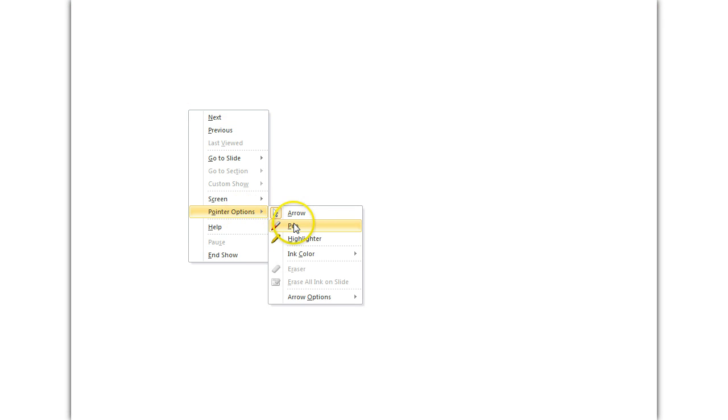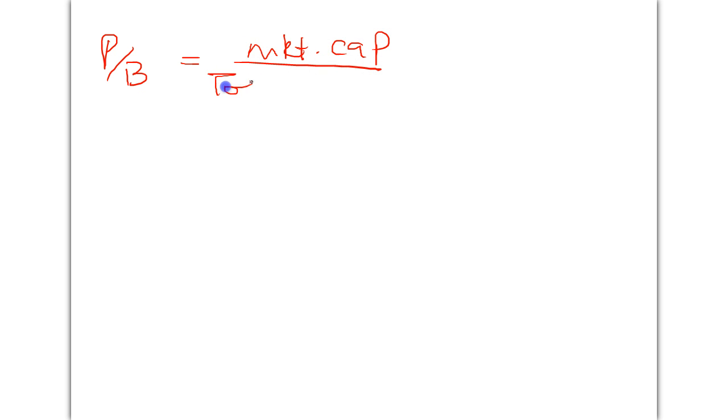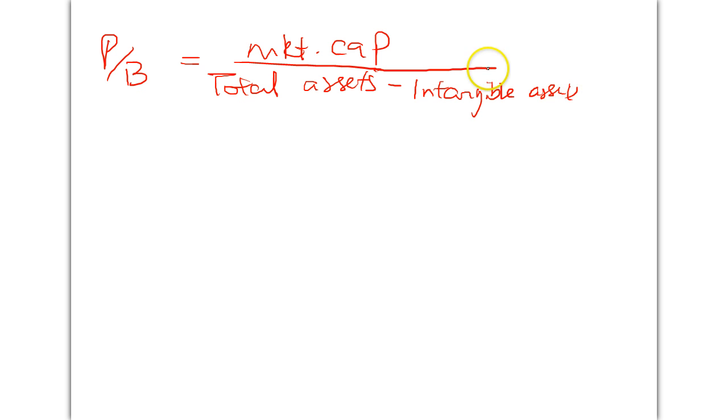The next ratio that we'll be talking about is the PB ratio. The PB ratio is where we compare the stock price against the book value per share, or in other words, we take the market cap of a company and divide it by the book value, which is total assets, and subtract away any intangible assets, things like trademark, brand name, and also subtract away liabilities.